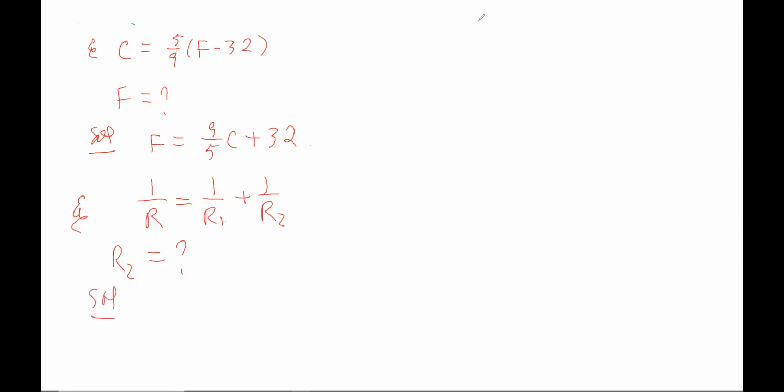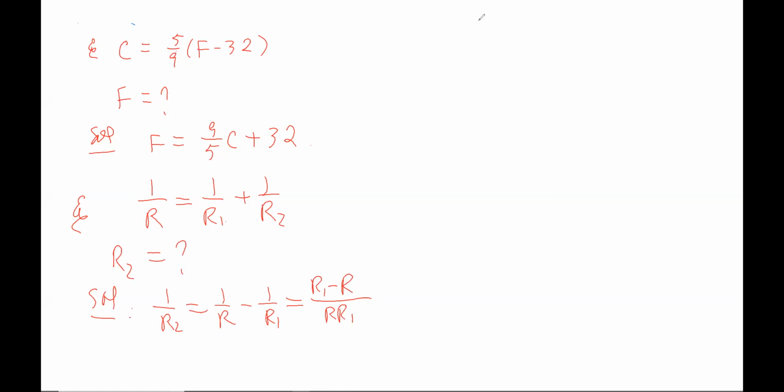I know you can do the answer, but how do I solve for r2 in general? Subtract 1 over r1 from each side. So you do 1 over r2 equal to 1 over r minus 1 over r1. Then take the reciprocal. Let's simplify this, combine this as a single fraction in order to take the reciprocal, all right?